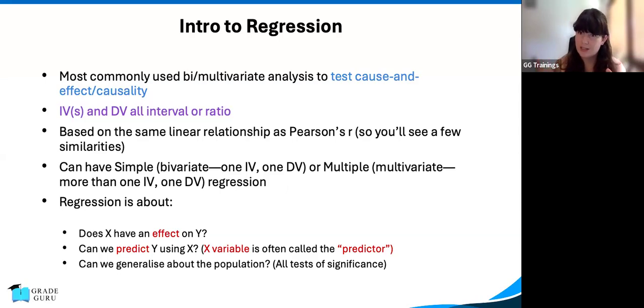The word predict, prediction, predictor variable, are all associated with regression. Your X variable is often called your predictor variable. So basically, if X has an effect on Y, that means we can go backwards. We can predict Y using X. And then, of course, can we generalize about the population, which is true for all of the tests of significance.